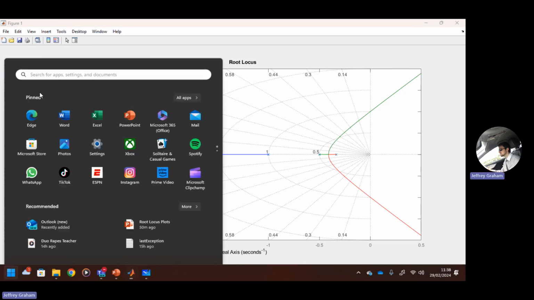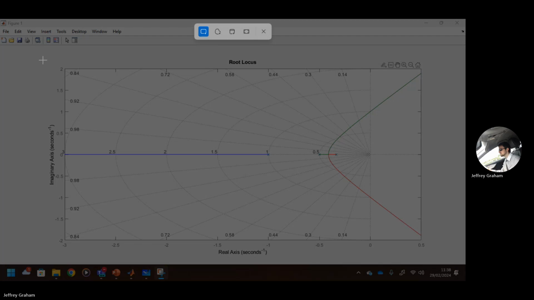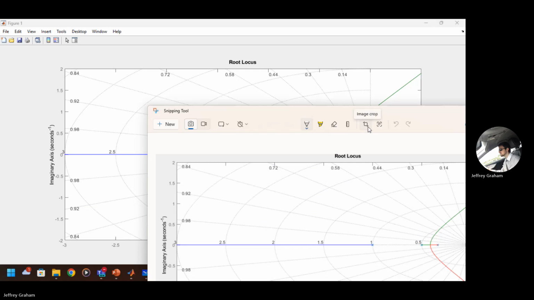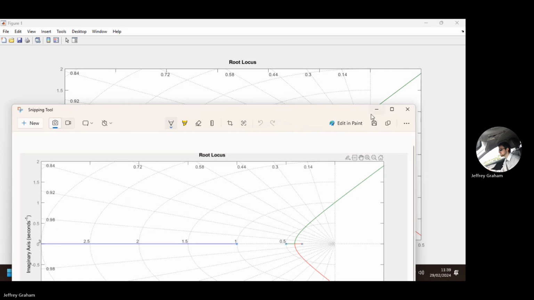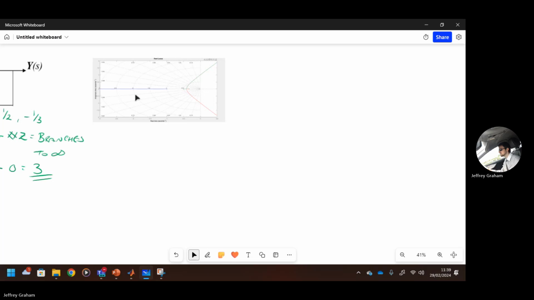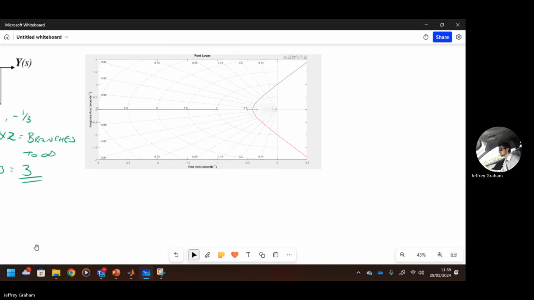A branch of the root locus is on the real axis if it's to the left of an odd number of poles and zeros.